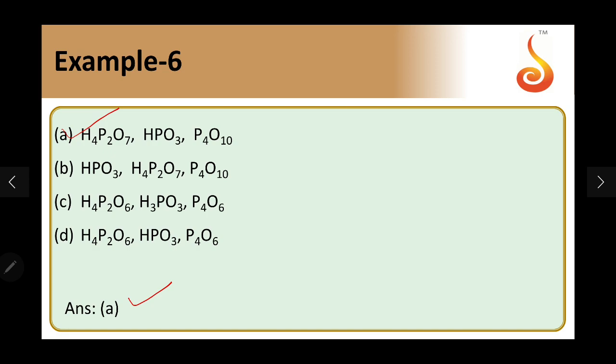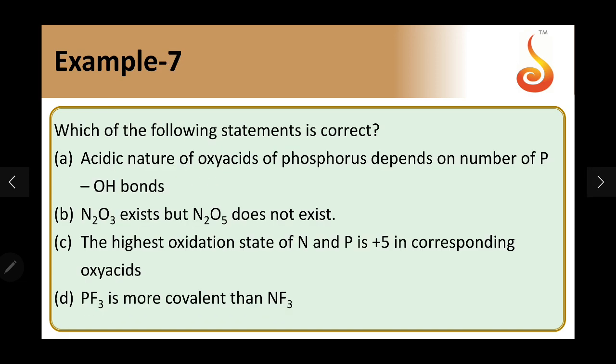Example 7. Which of the following statements is correct? Acidic nature of oxyacids of phosphorus depends on number of POH bonds.